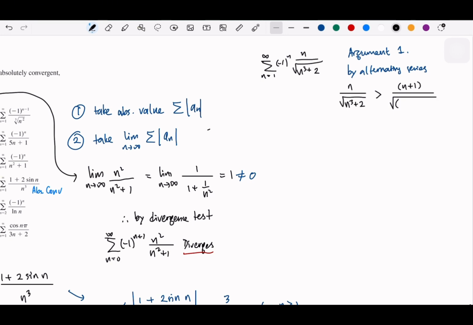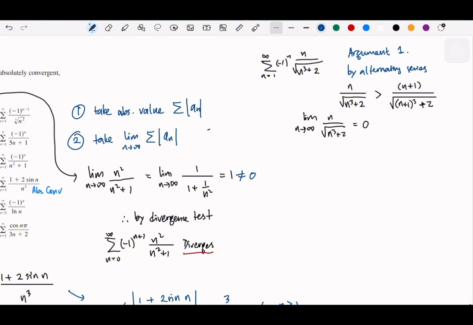I'm just changing the n with n plus 1 to show you that the next term is less. And then the limit.